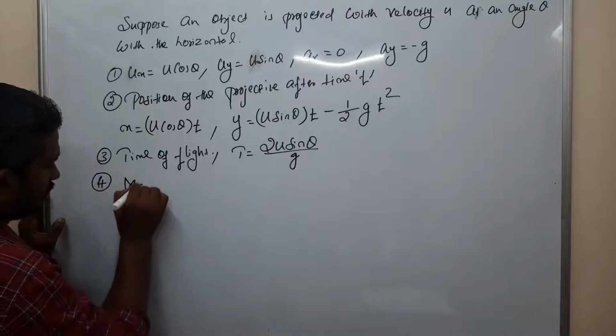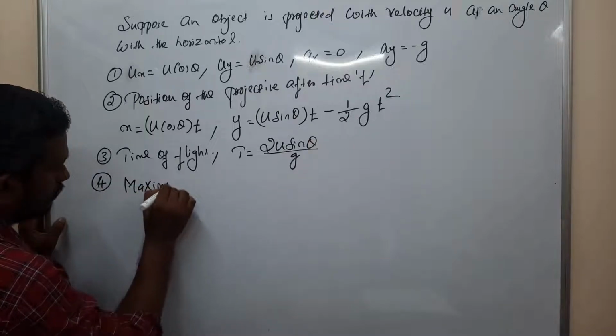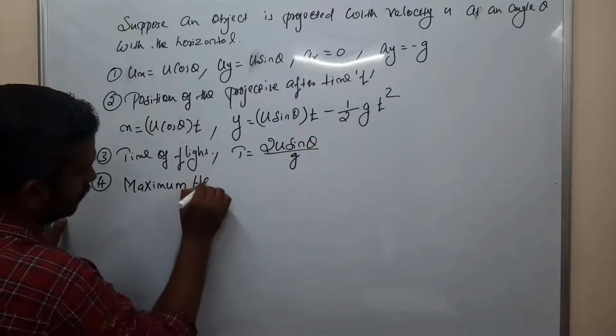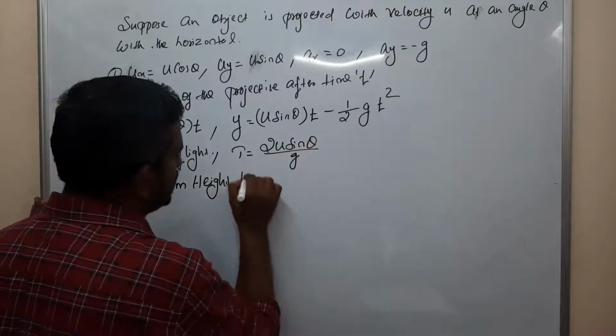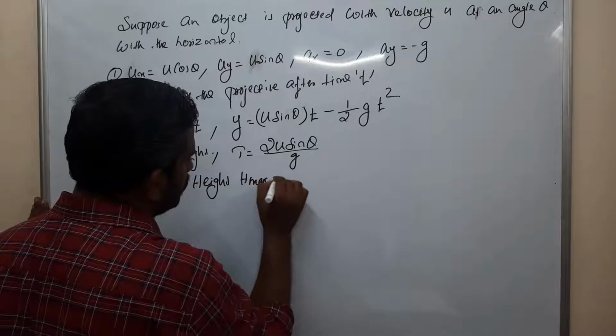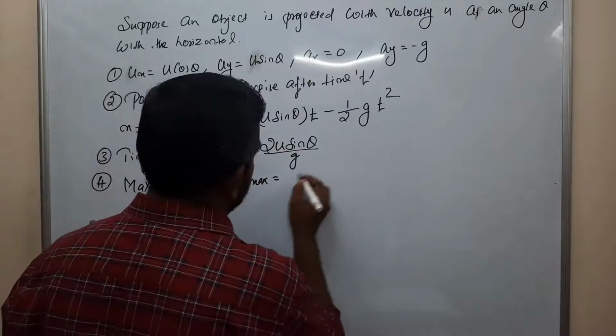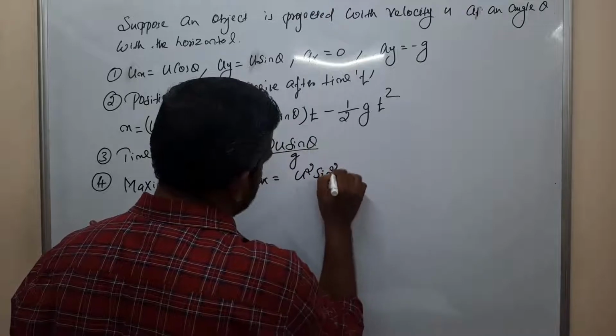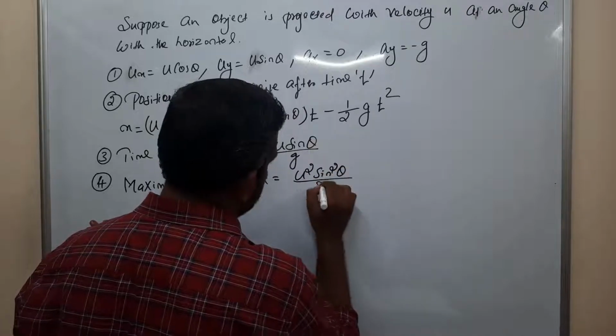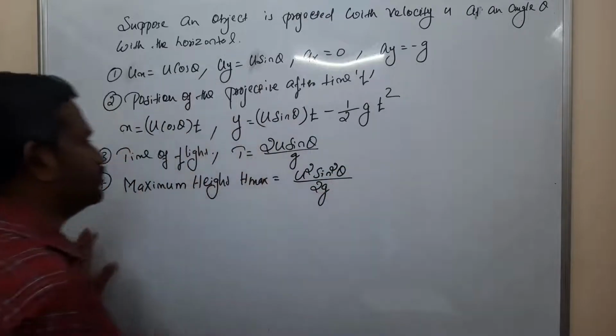Maximum height of the projectile, h max, is equal to u square sin square theta divided by 2g.